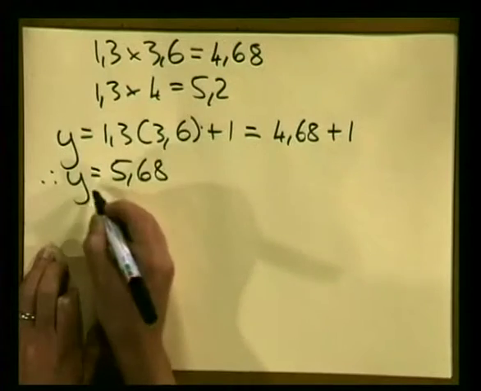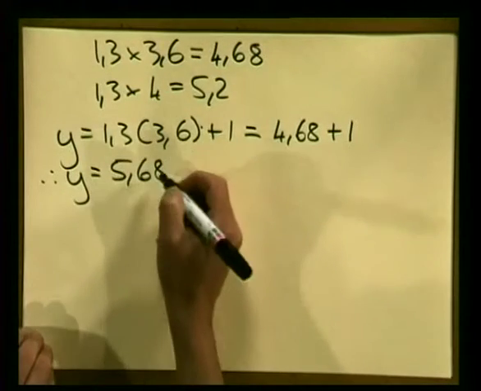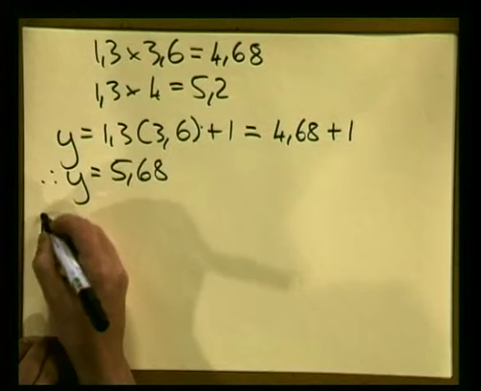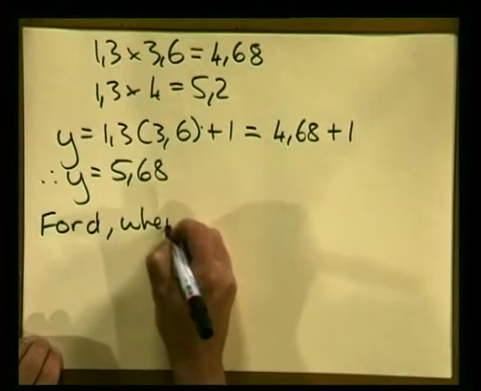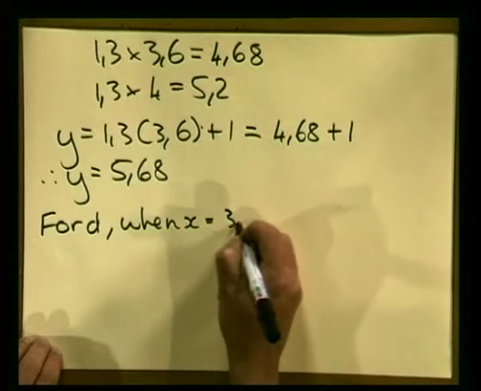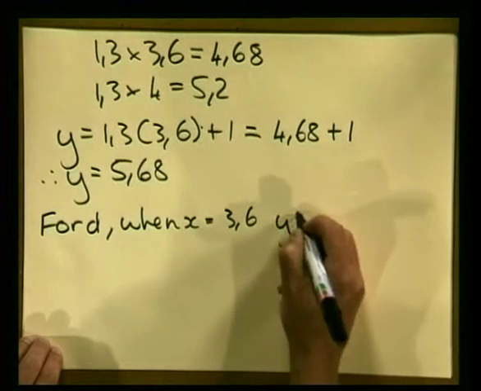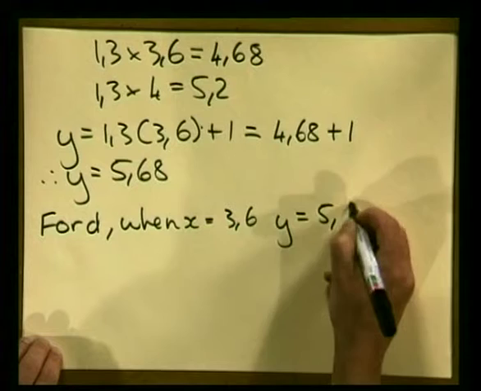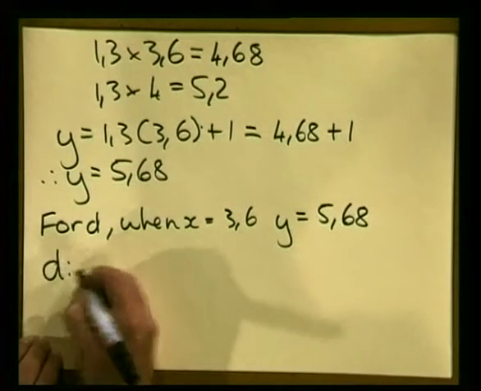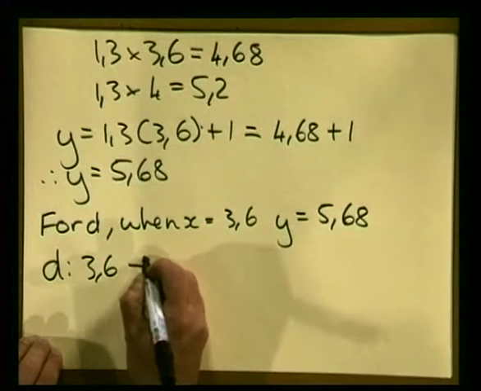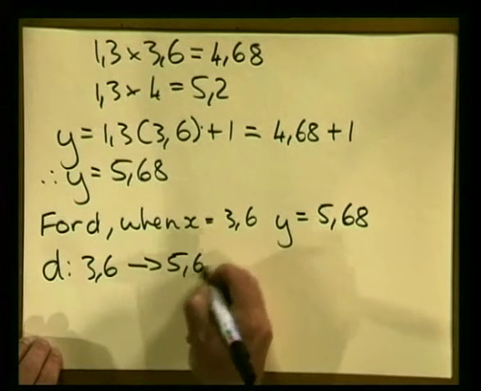Now I'm going to fill this answer in using the various forms of notation we have. Firstly, for d, when x is equal to 3,6, y is equal to 5,68. Or we can write d maps 3,6 onto 5,68.